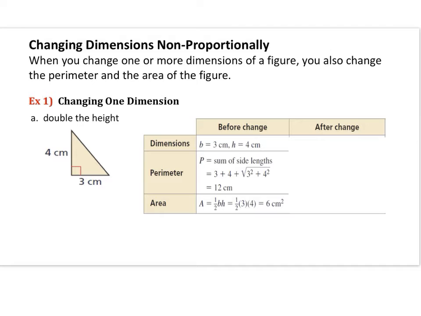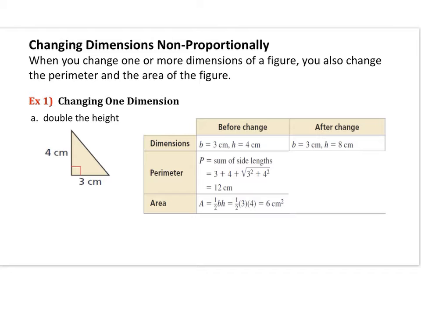So 3 squared, which is 9, 4 squared, which is 16, added is 25, square root of 25 is 5. So 5 plus 4 plus 3 results in 12 centimeters. Then for your area, it's half the base times height, so half of 3 times 4, which is 6 square centimeters.